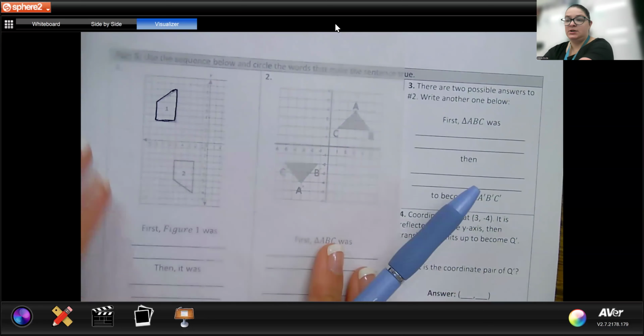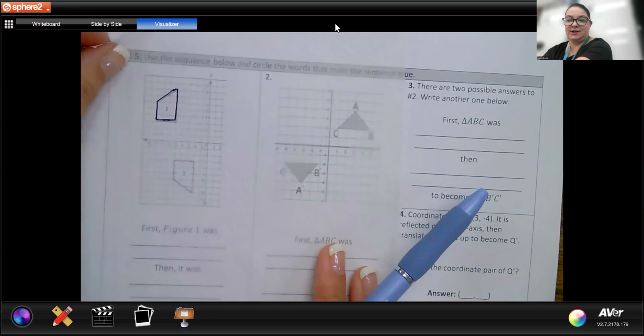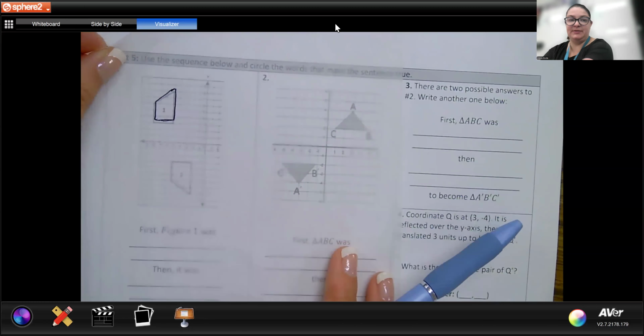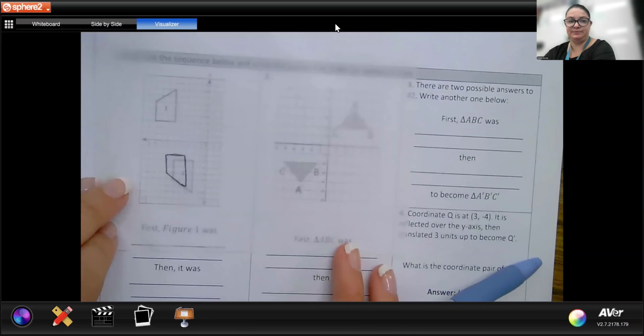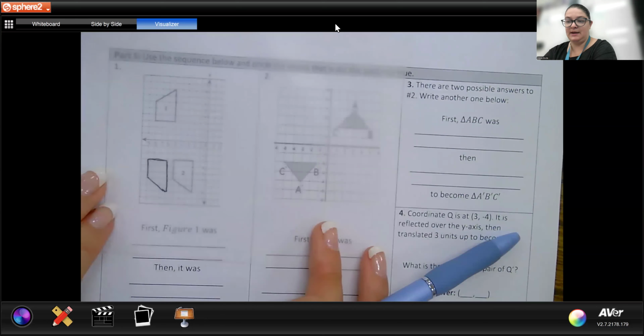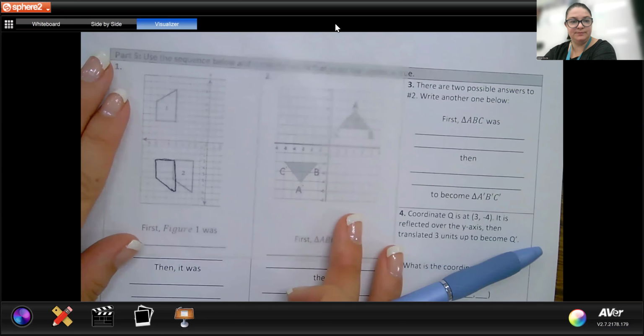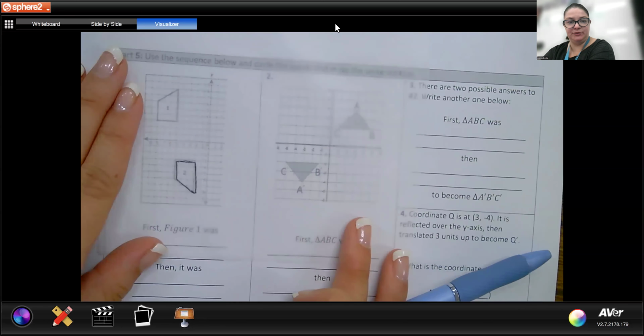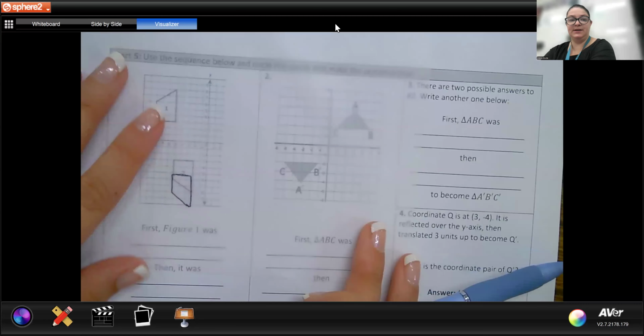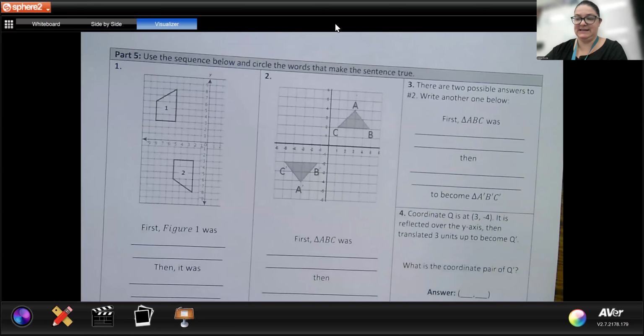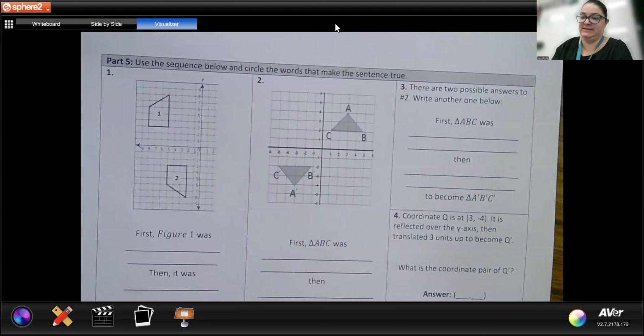other shape. So I said that this looks like a reflection. If I'm reflecting it, I'm going to flip my patty paper over, and then a reflection would put it approximately right here. And then I would still need to slide it over. So this figure was reflected and then it was translated.